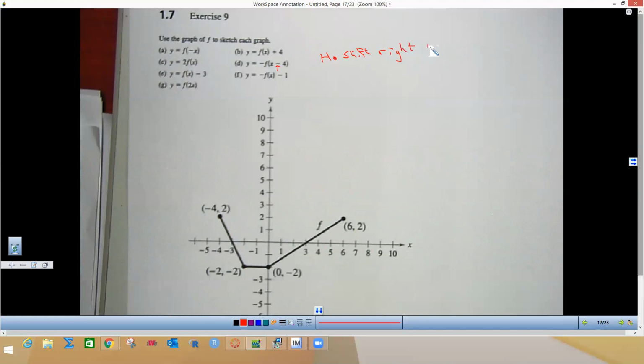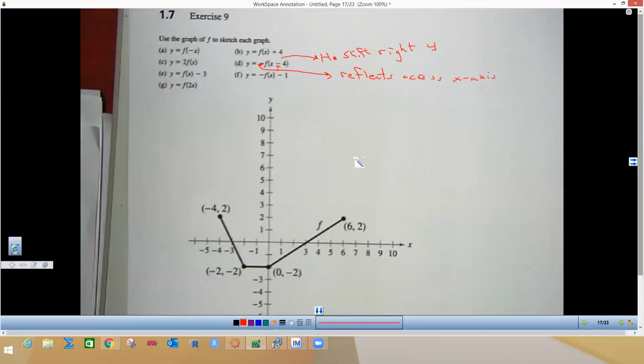So right 4. And then this negative sign means that it is reflected across the x-axis.